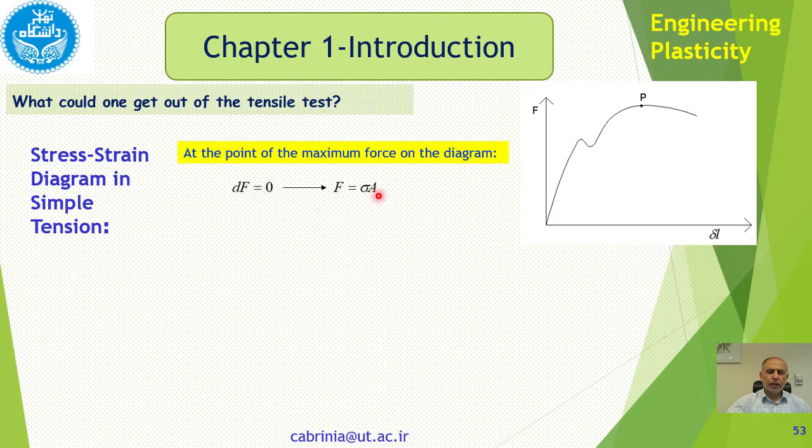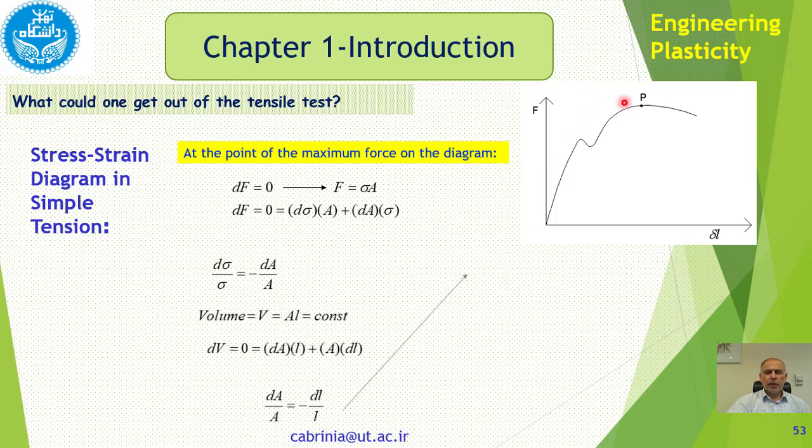F is sigma A, stress times area. If we differentiate this, we have dF equals sigma dA plus A d sigma. That's what we have written here. And dF we said is equal to 0, so this is equal to 0. And from here we get this relationship: d sigma over sigma is equal to minus dA over A.